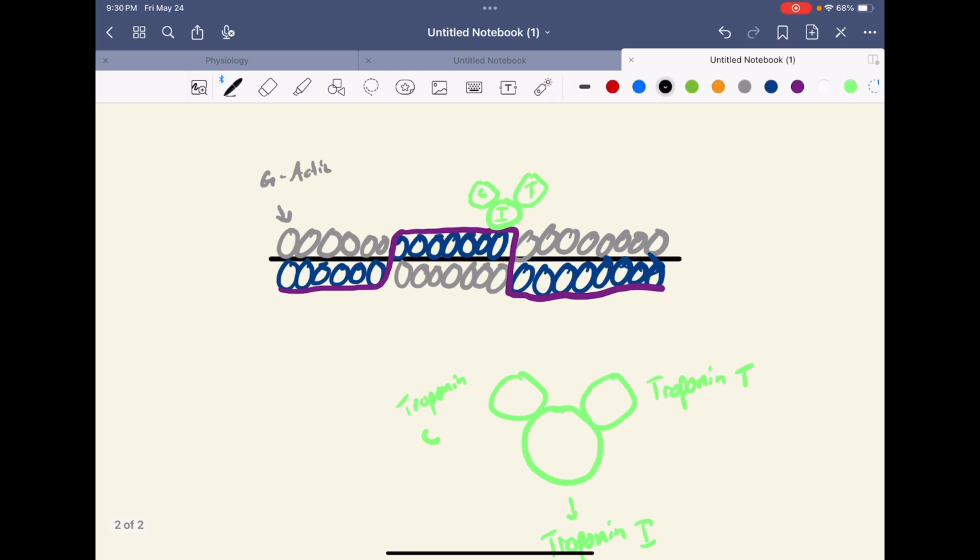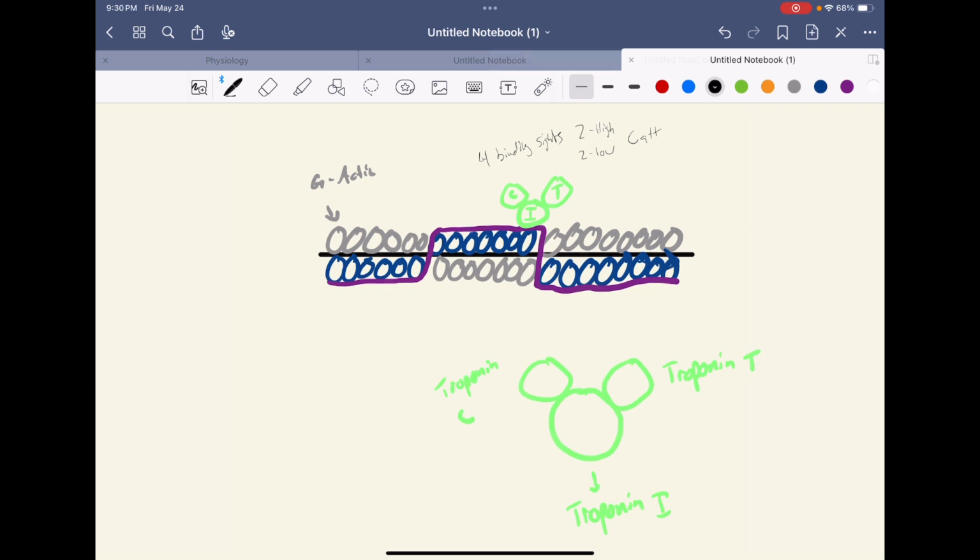Let me write that out for you. Has 4 binding sites. And 2 are high affinity and 2 are low for calcium. And that is a part of muscle contraction.